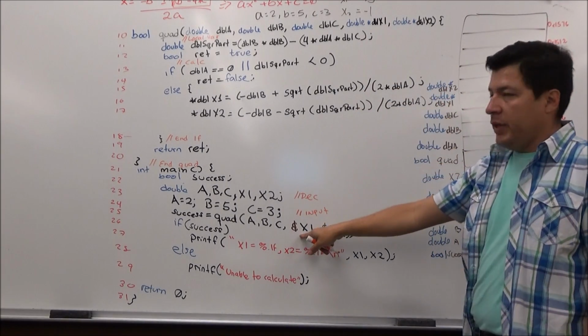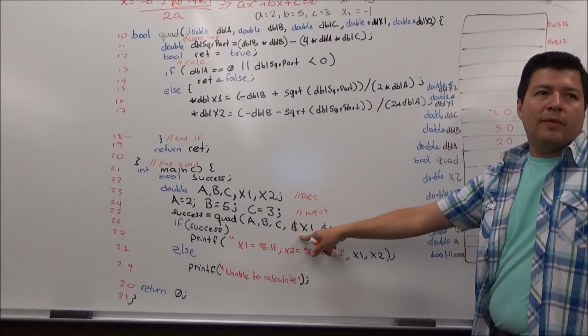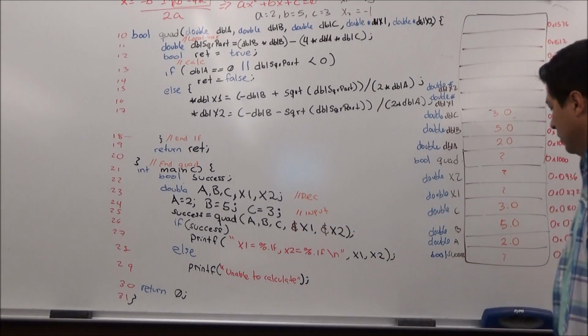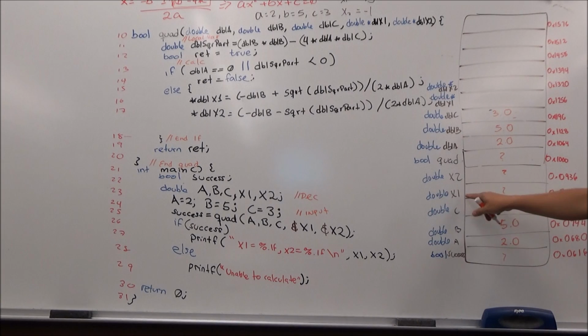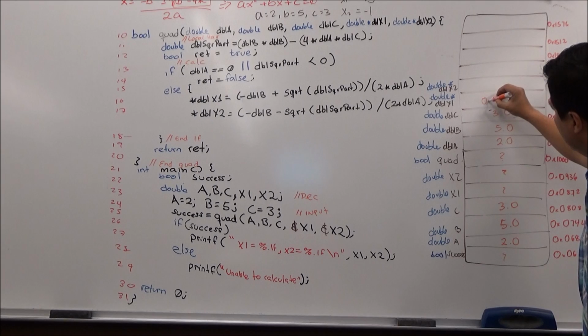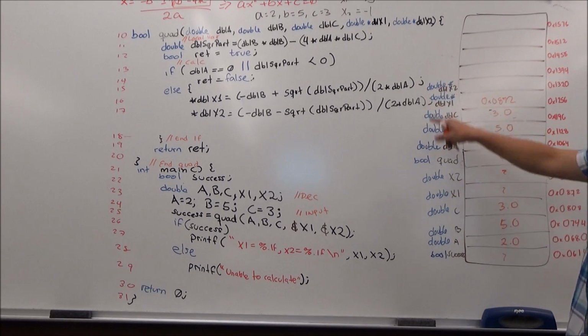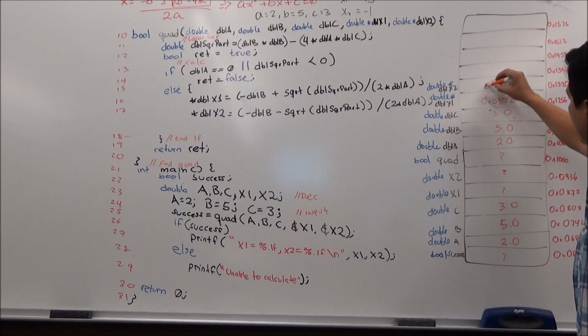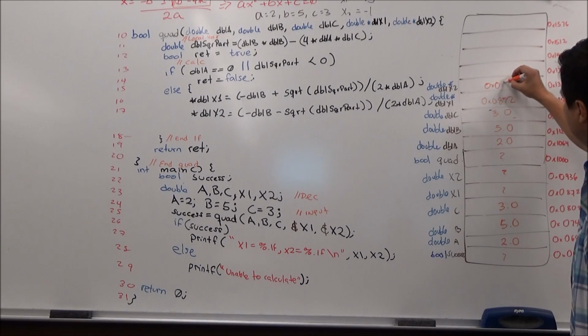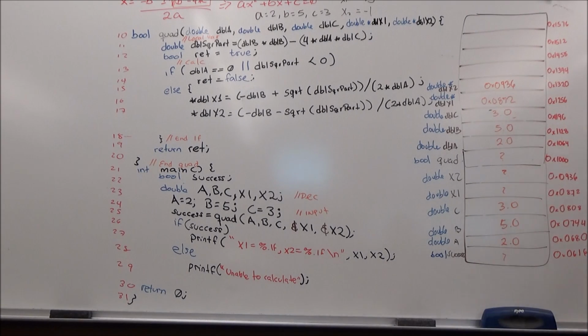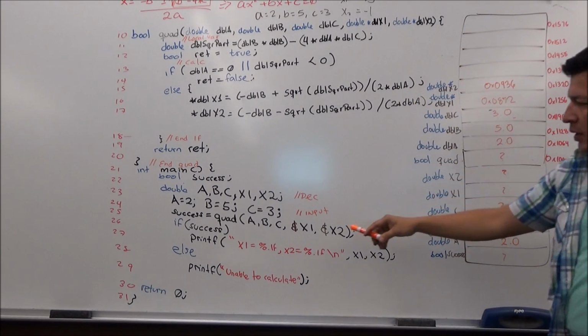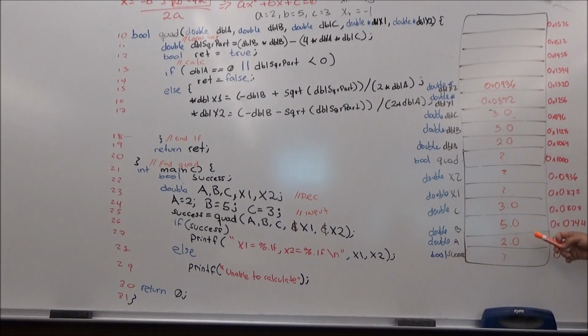We didn't pass the value of x1 or x2 because actually it has garbage. We pass the address. So the address of x1 is 0872, so we pass that address, right? And then the next one, that's what we pass. That's why in the scanf function, you pass the address using the and sign. So far so good?